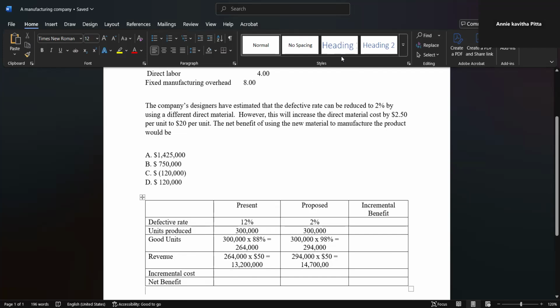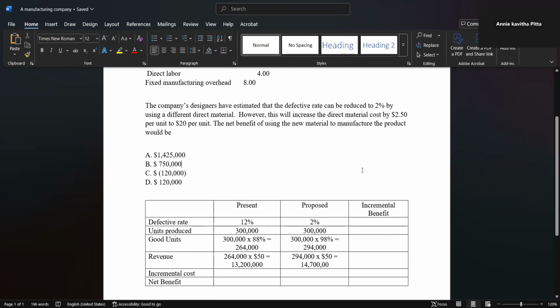So 300,000 into 88% gives us 264,000. Similarly, for the proposed scenario, if 2% is gone, it is 98%, so 294,000.